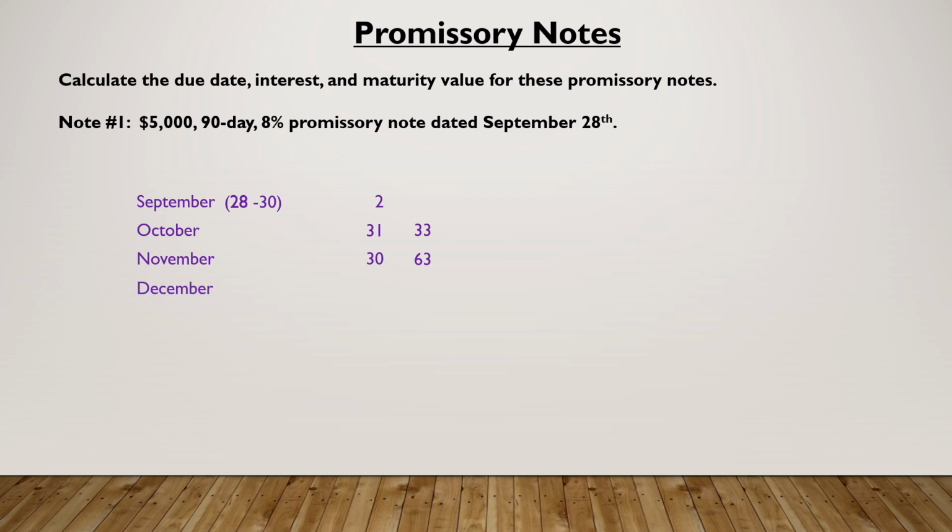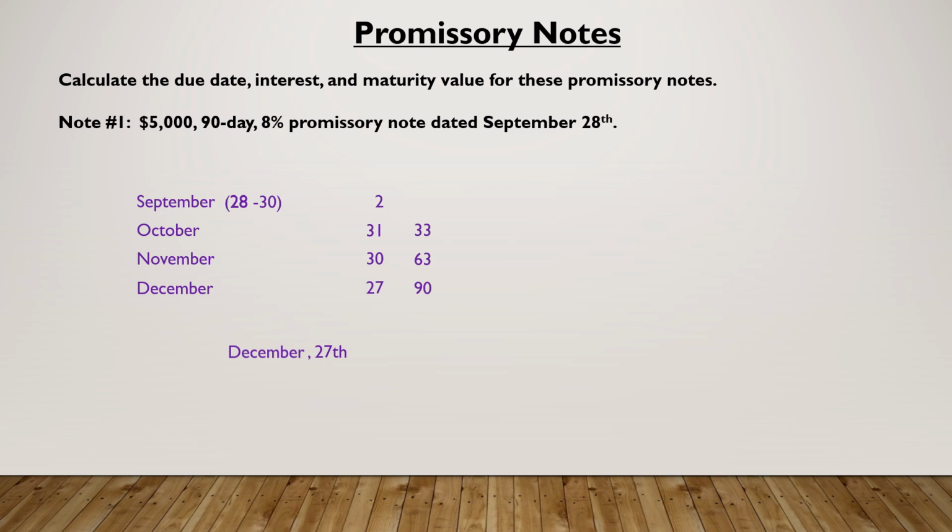Finally, we have December with 31 days, bringing us to 94 days. Since the life of our note was 90 days, we don't need all of December, just 27 days. Consequently, the maturity date of the note will be December 27th.